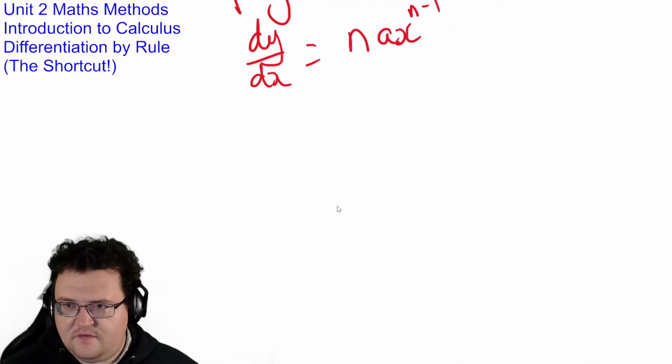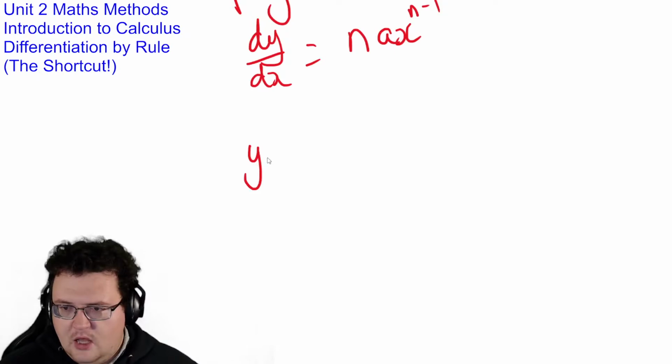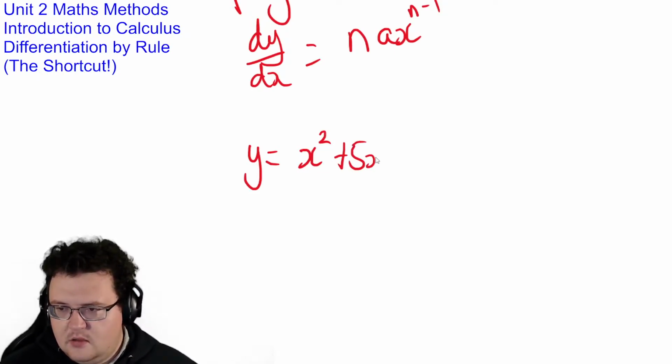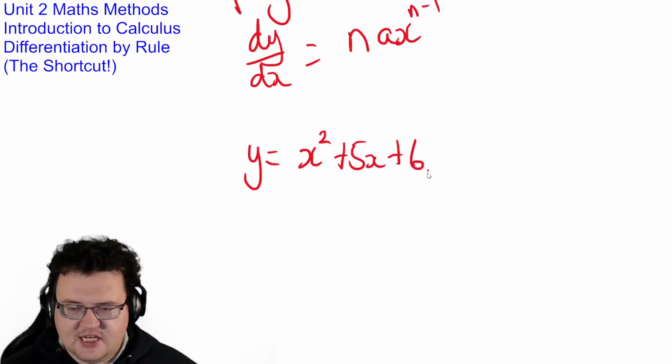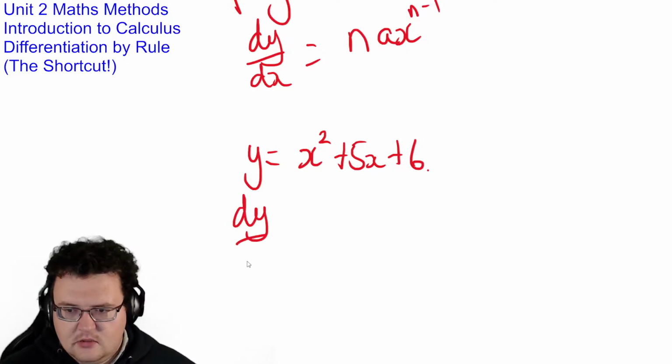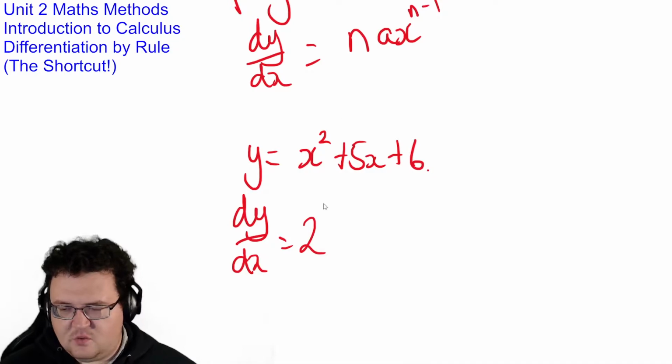So for example, if I do y equals x squared plus 5x plus 6, what is dy dx? Well, take the 2, put it down the front, subtract 1 from the power, left with x to the 1.